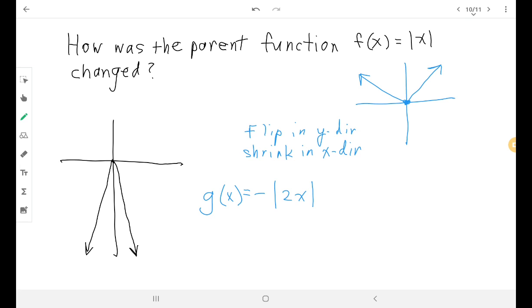But that is how that parent function has changed, and that's how the change affects the equation. Okay? I'll give you a moment to look at that, ponder that, and then we've got one question left.